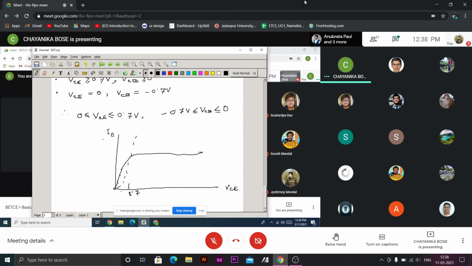And here, when the collector base junction also gets fully forward biased, current will be 0. কিন্তু আমাদের উদ্দেশ্য ছিল সুইচ will be on in saturation region and it will allow large current to flow.